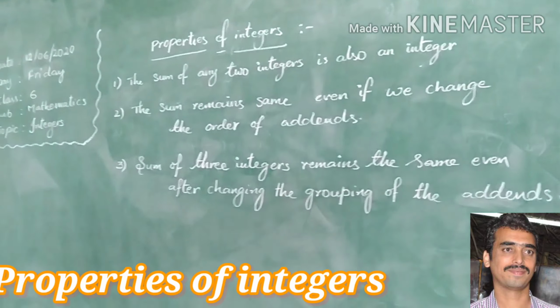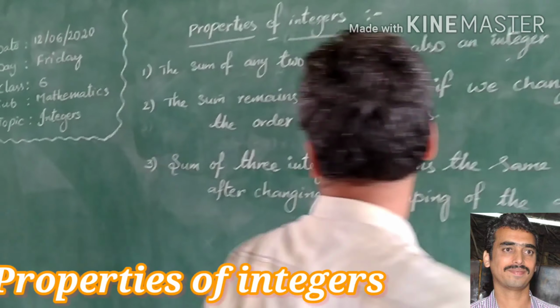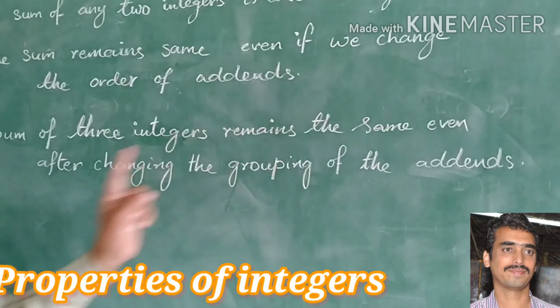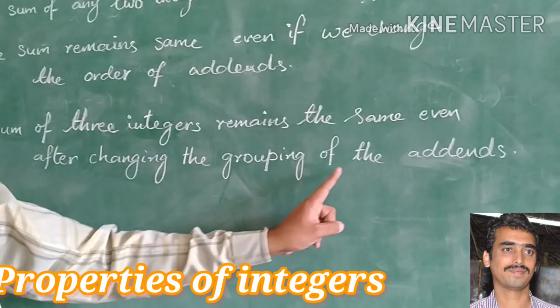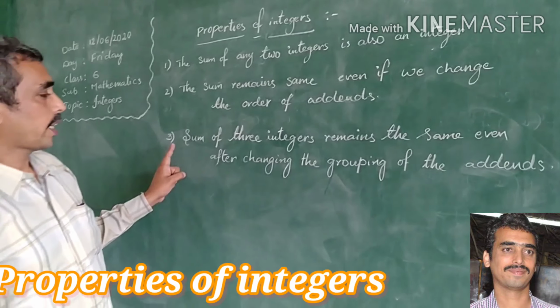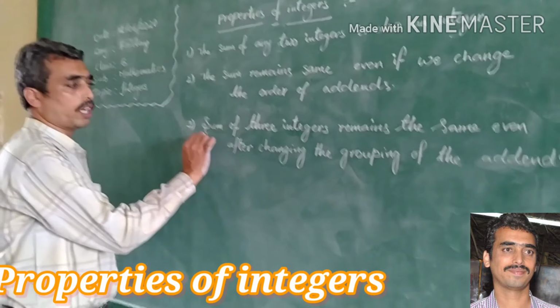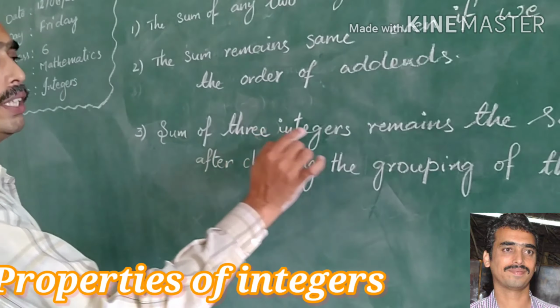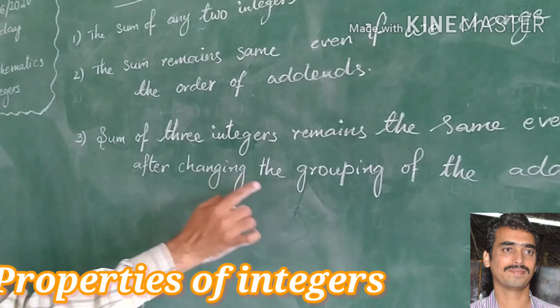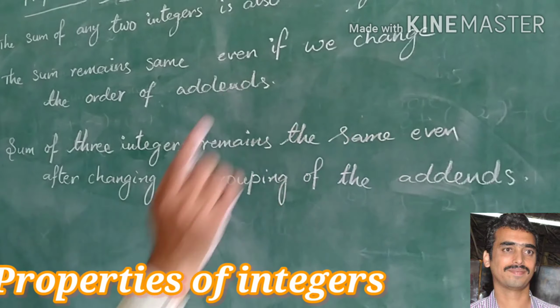Now let us check the third property, which is: the sum of three integers remains the same even after changing the grouping of the addends. Once again I repeat, this is a little confusing on reading. The sum of three integers remains the same even after changing the grouping of the addends.